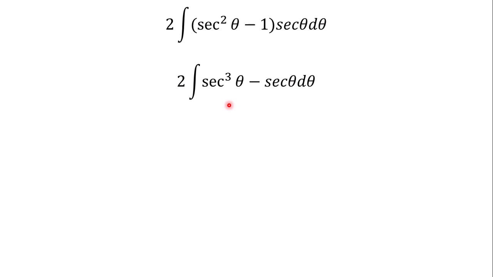Alright, now let's split them. Now when we split it, this is what we are going to get. To split this one, we have to also multiply all of them by 2. This 2 is affecting this one and also affecting this one.